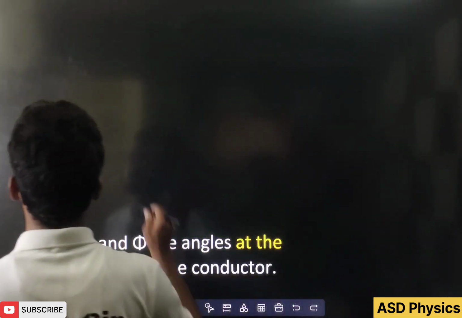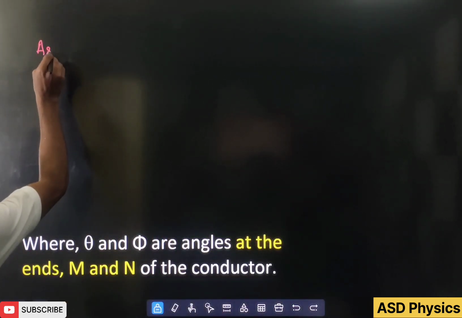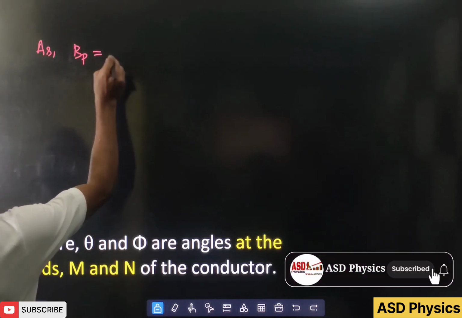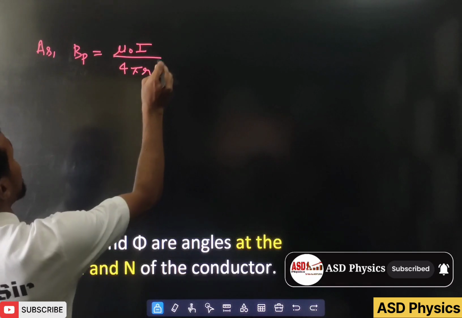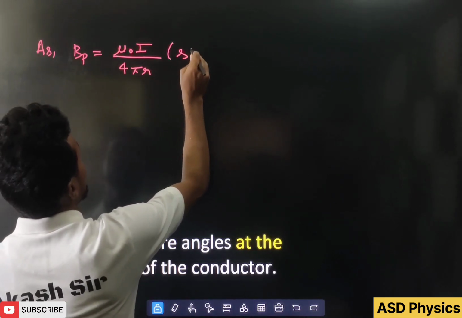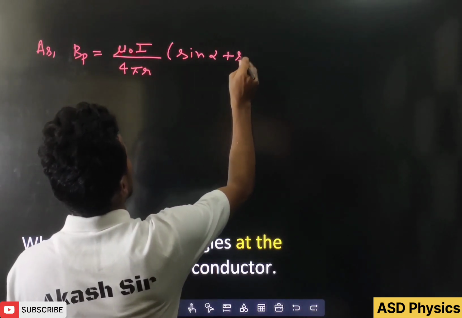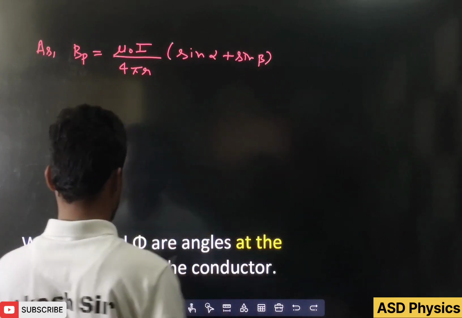So you know very well, again I am telling you, BP equal to mu naught I by 4 pi r, and I have told you sine alpha plus sine beta, is it?